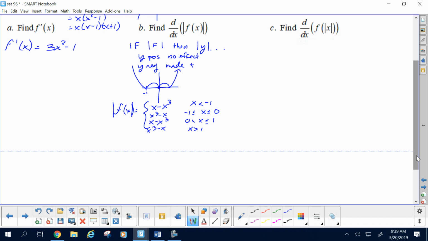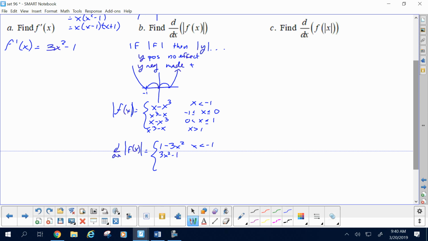When I go to take the derivatives of this, using this kind of notation here, what's the derivative of the first branch? Right, 1 minus 3x squared, x less than -1. The next branch is 3x squared minus 1. What about at the flex points?